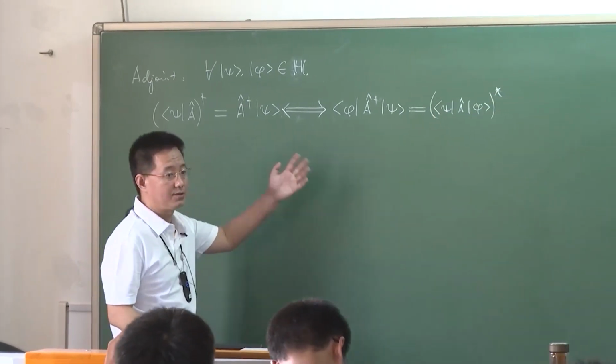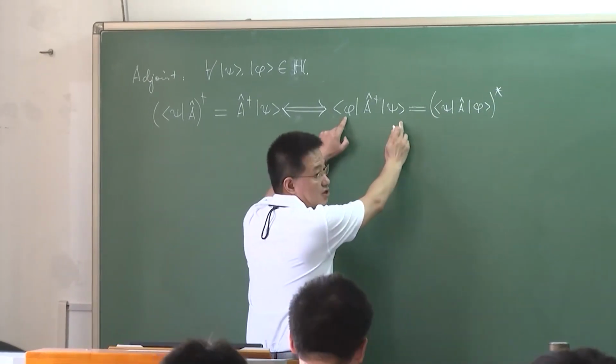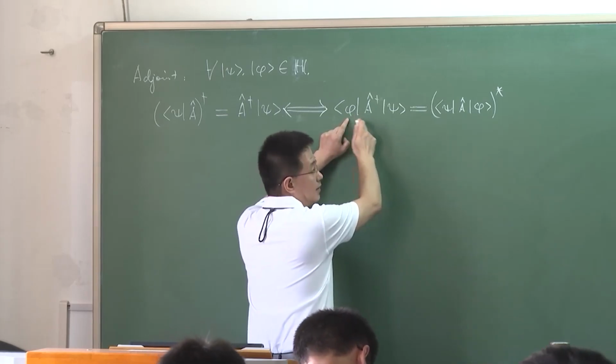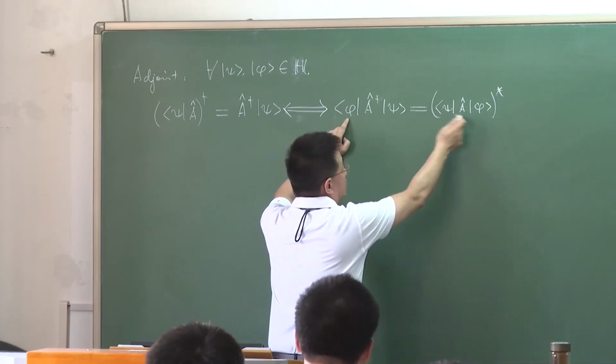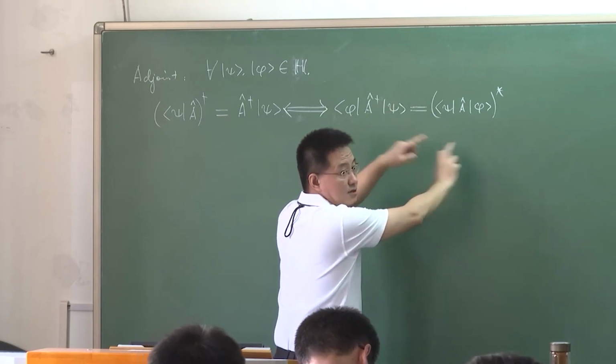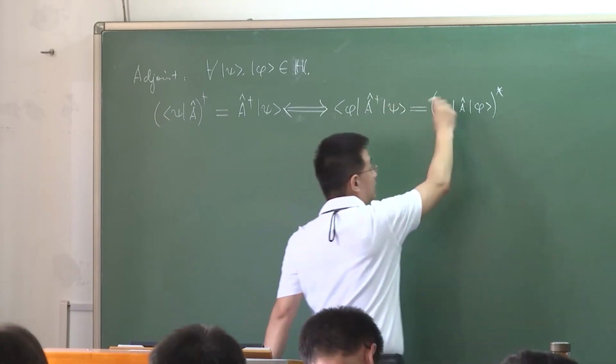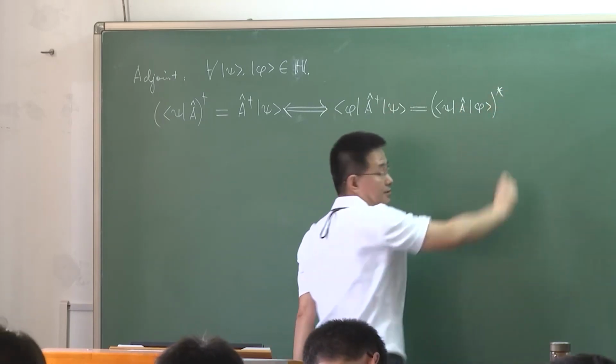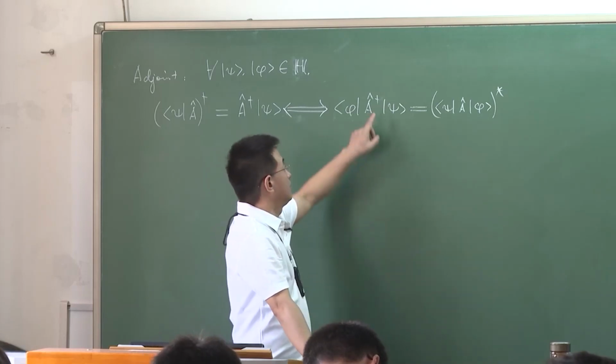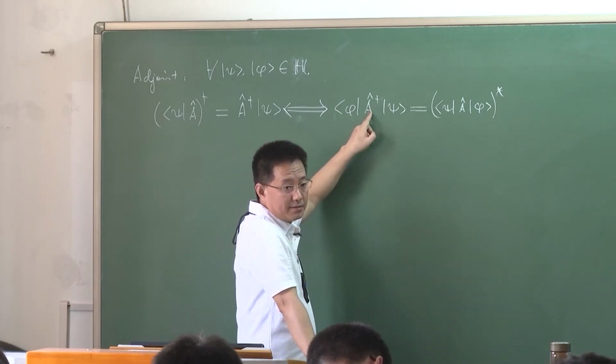From this definition, you can see that you exchange the positions of this vector and this vector. You just change their positions, but after this change you get the complex conjugate. And here, A is a dagger.